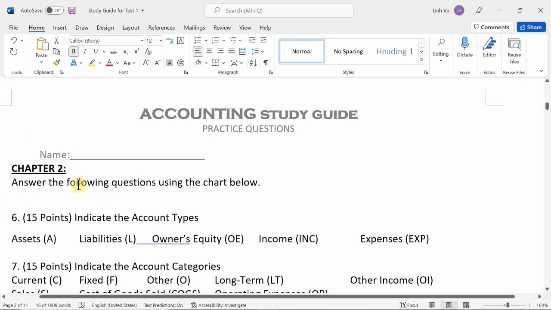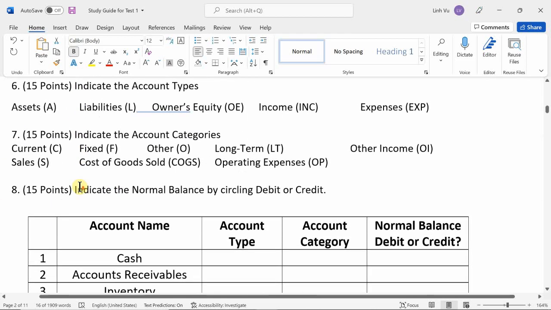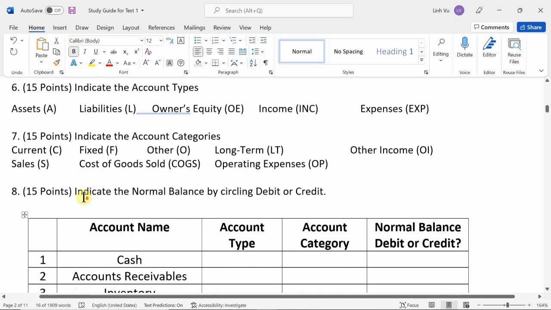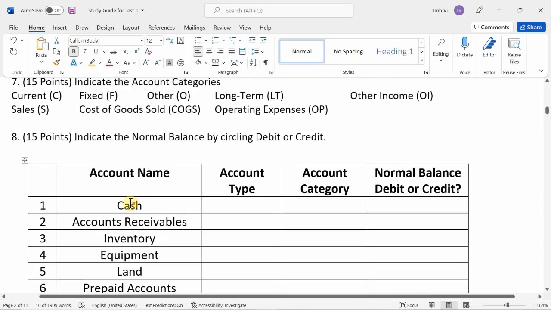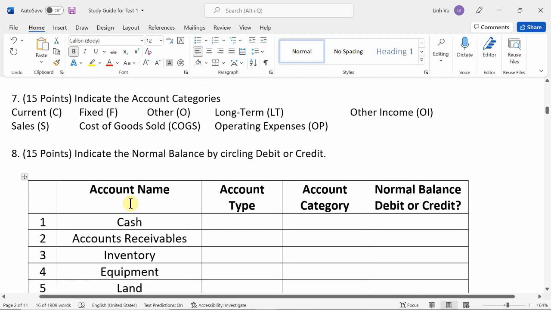All right, so chapter 2. For the exam, I will give you a cash account and a description of each account. Your job is to determine the account type, the account category, and what kind of normal balance it would have.